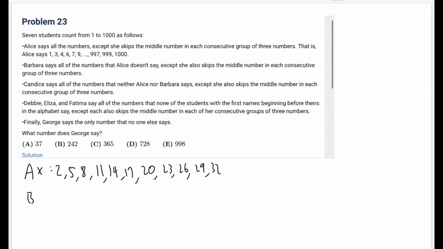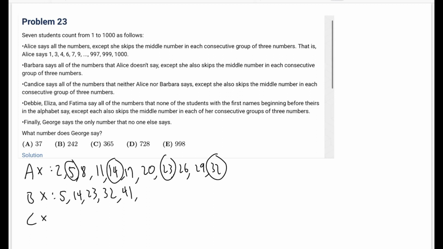And then Barbara doesn't say the middle numbers, so this would be 5, 14, 23, 32. This is adding 9 each time, right? So the next is 41. And then Candace would not say 14, 41.